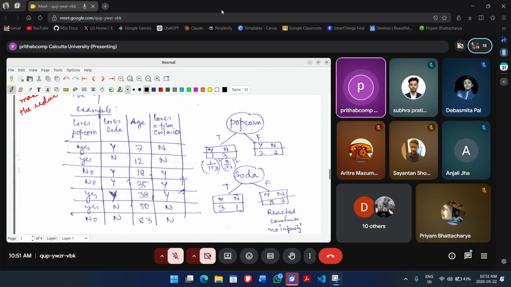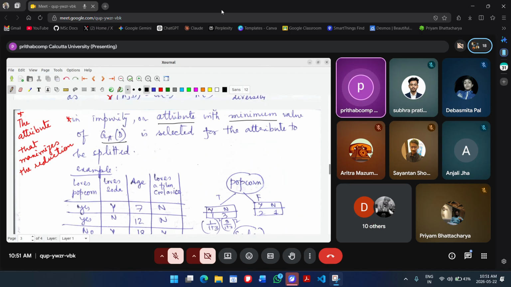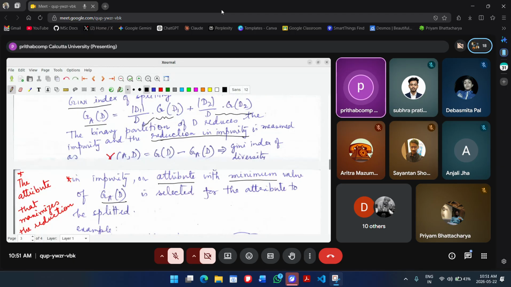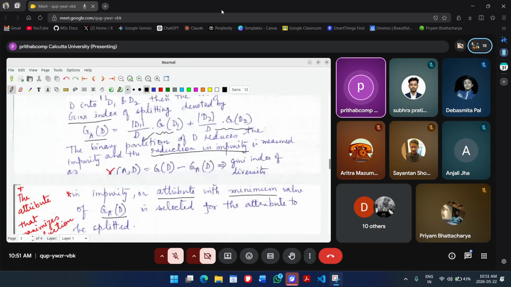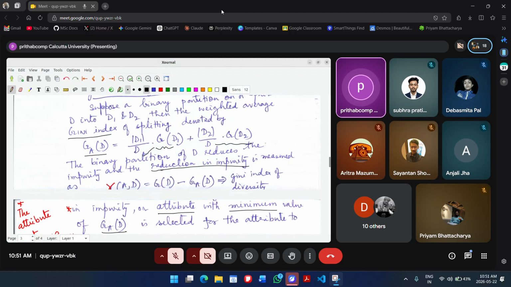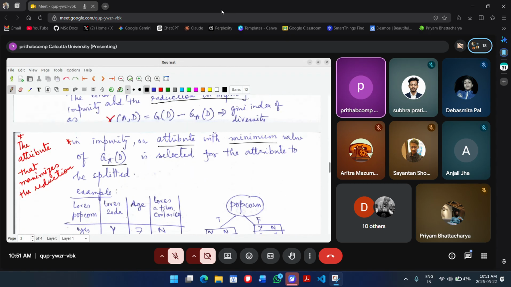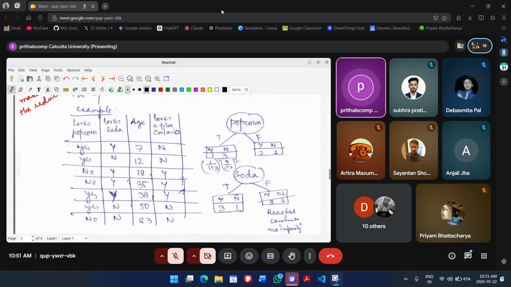So for example, let's look at this example. Essentially what we will be calculating is this, G A of D. Let's say it's again a very small example where these are the attributes: whether a person loves popcorn, loves soda, what is his or her age, and whether he loves a particular film.